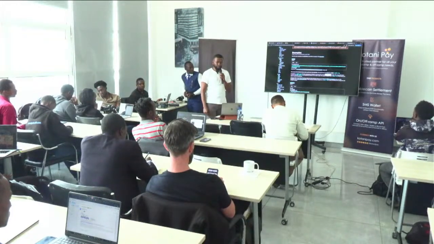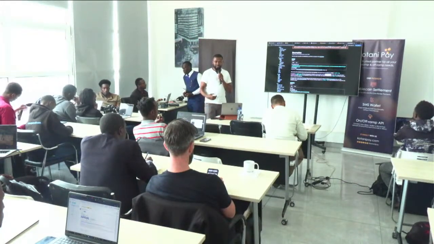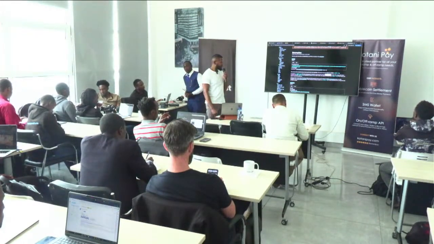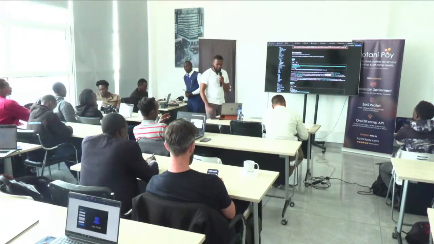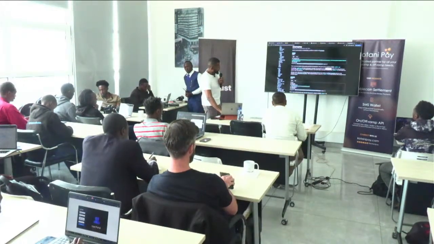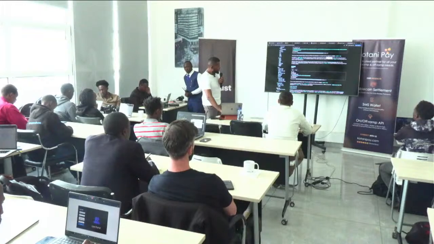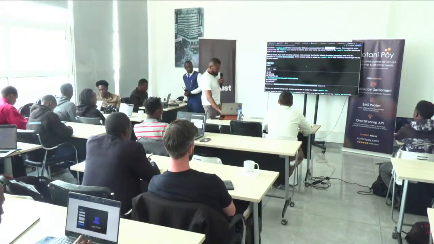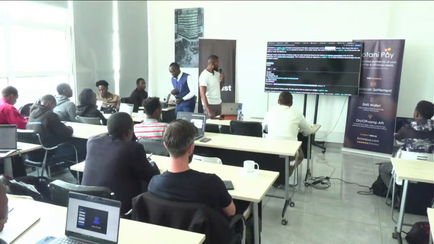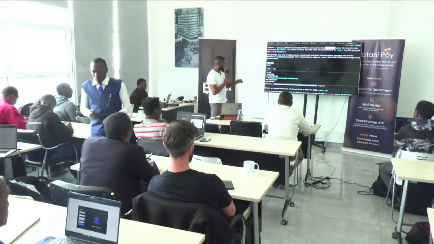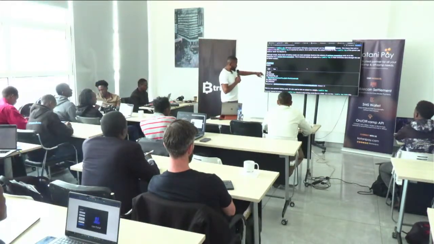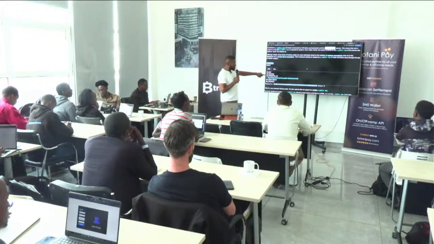And then we advanced into the deeper level where we had pay to public key hash, whereby we introduced a hash into the transaction. Previously we didn't have the hash.